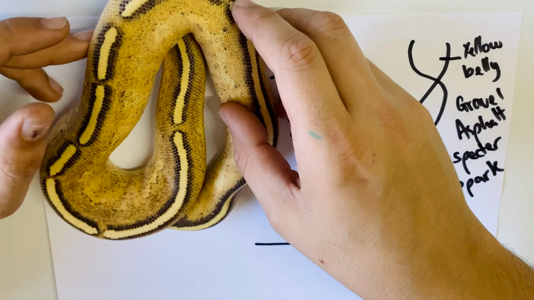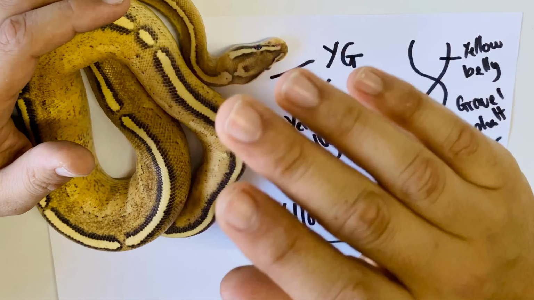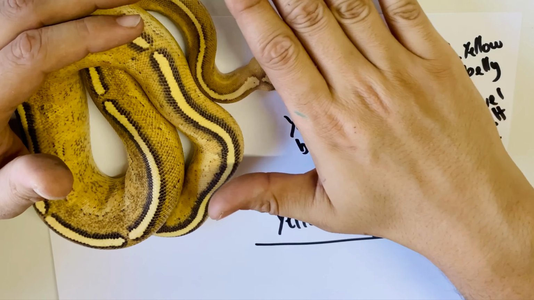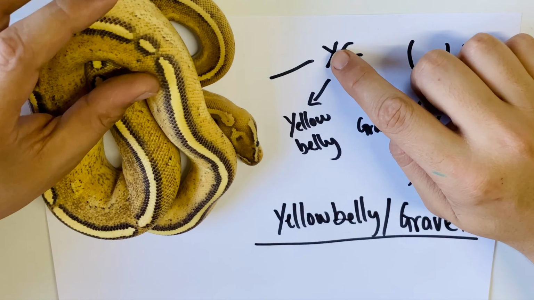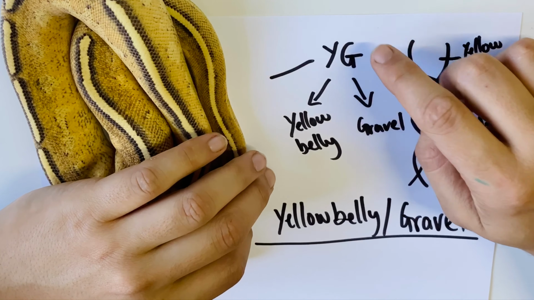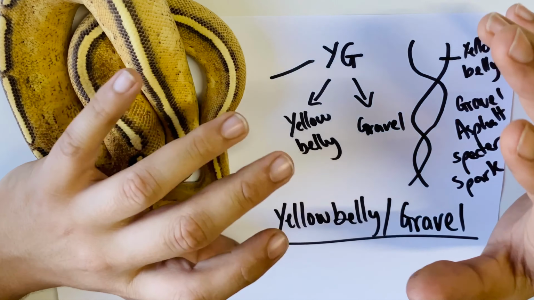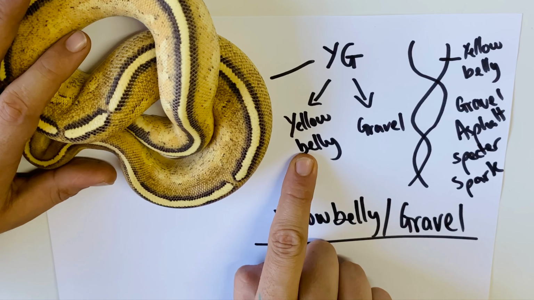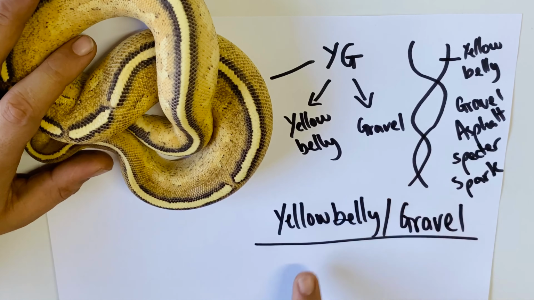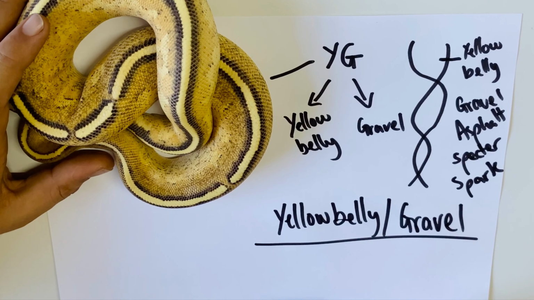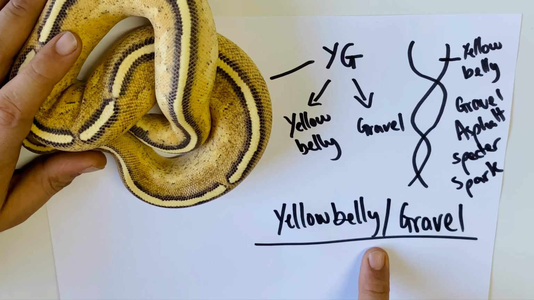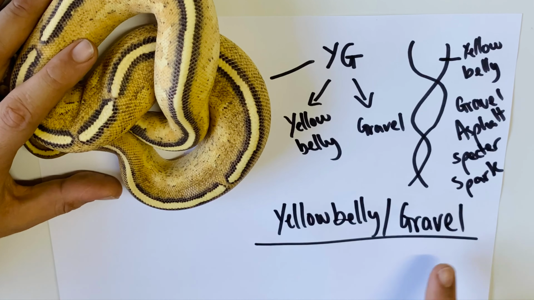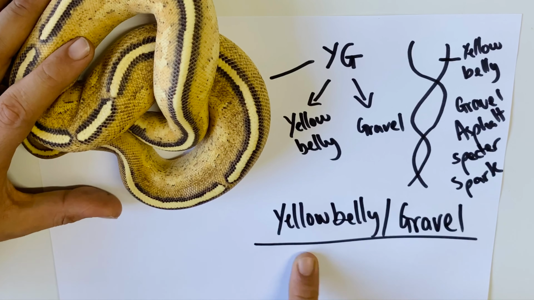So if this girl was to breed to a normal, all of her babies will have to inherit either the yellow belly gene or the gravel gene. But visually, there is no way of telling a yellow belly apart from a gravel. So all the babies are labeled as yellow belly / gravel because there is no way of knowing which is which.